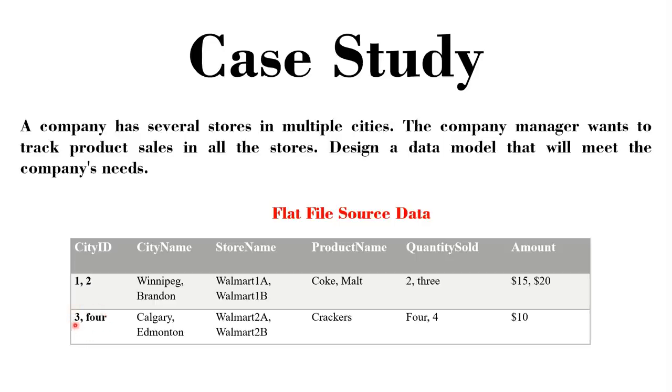For instance, we have this 3 value, which is an integer, and then we also have 4, which is a text data type. We cannot mix data types within a particular column. We have to stick to one data type. So we need to resolve this table, and the first step is to normalize this table to the first normal form.